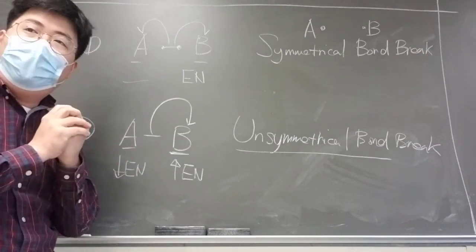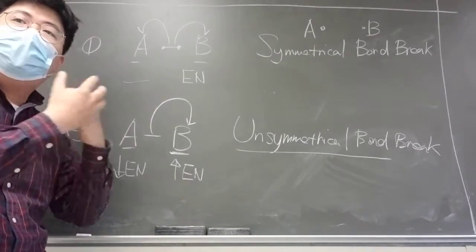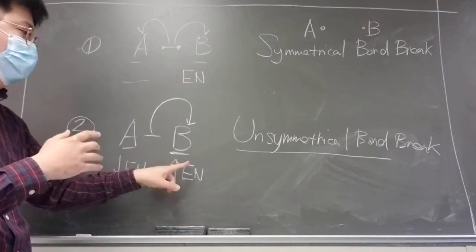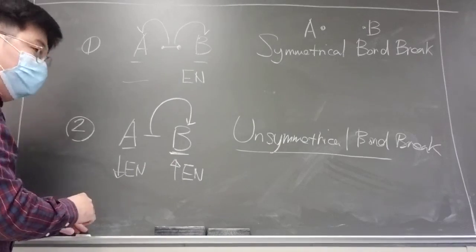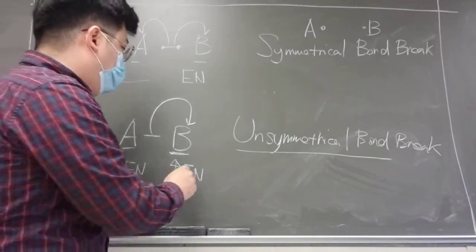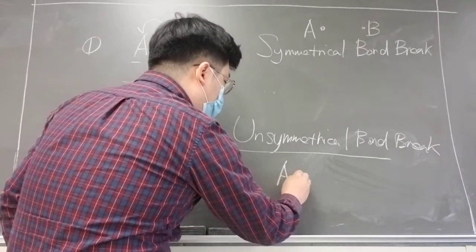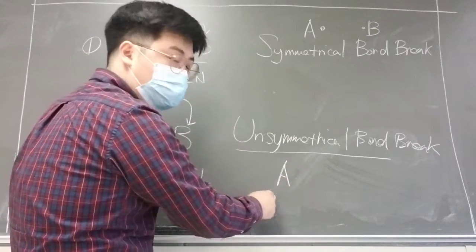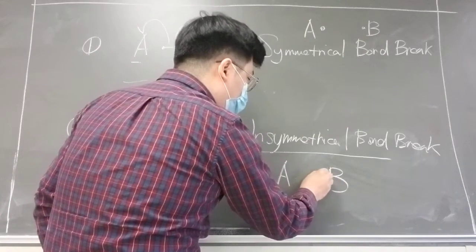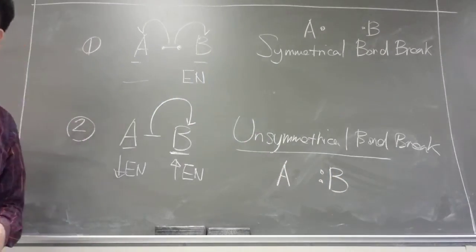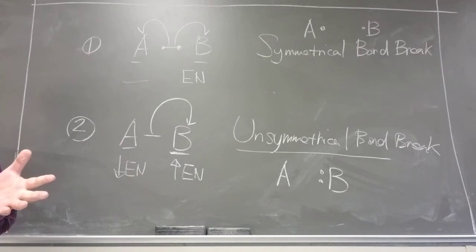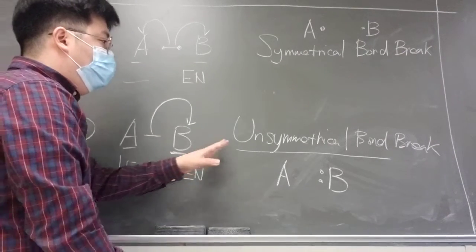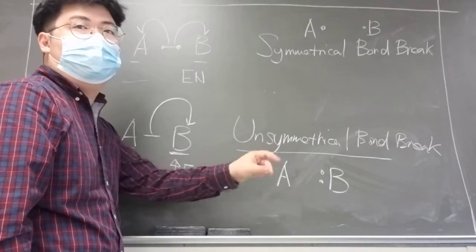So not just one, but they're going to pull those two all together onto B. Okay? So obviously, then we'll make this no electrons on A, but B takes both electrons right here. Makes sense, right? So far so good? Okay. So this is what we call unsymmetrical bond breaking.